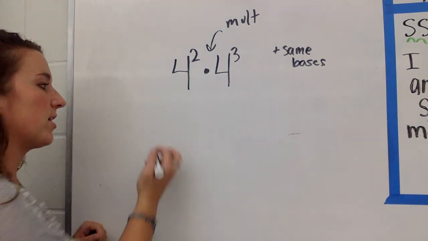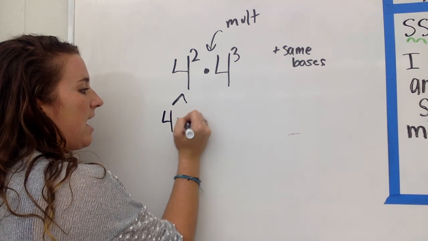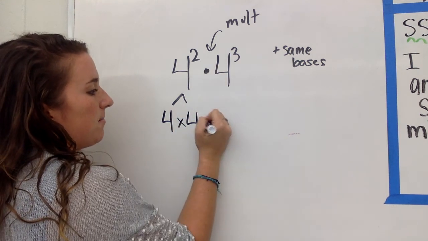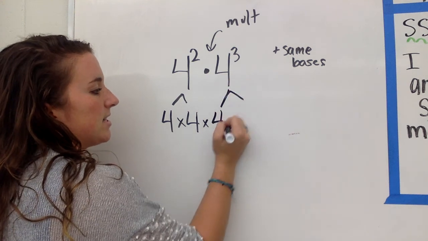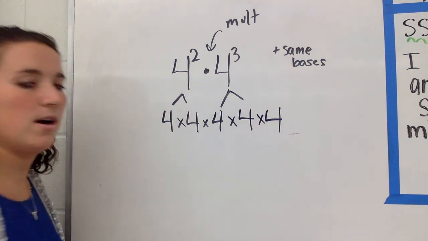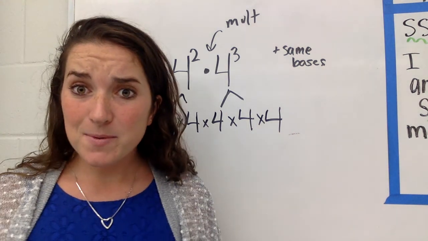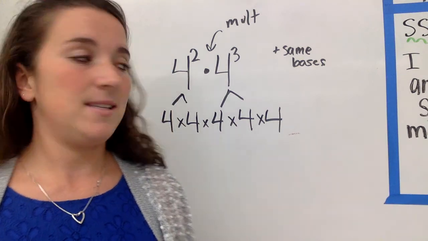So for the first part, you're going to expand it. 4 squared becomes 4 times 4. Carry down my multiplication sign. The second part is expanded to 4 times 4 times 4. But I have all multiplication and I have all 4s, so I know there has to be a way that I can simplify it.